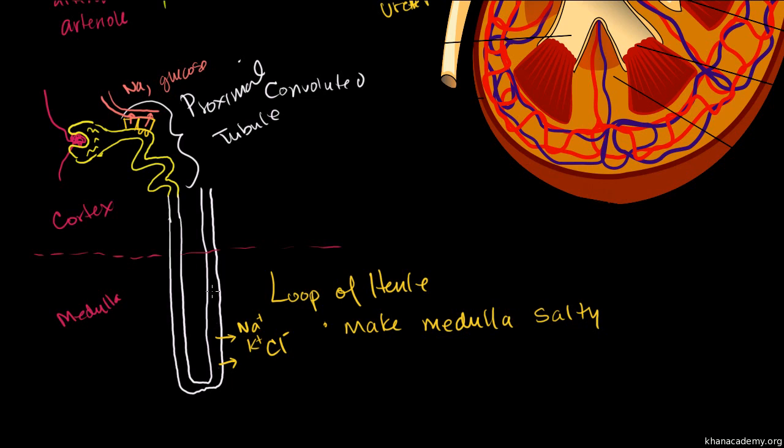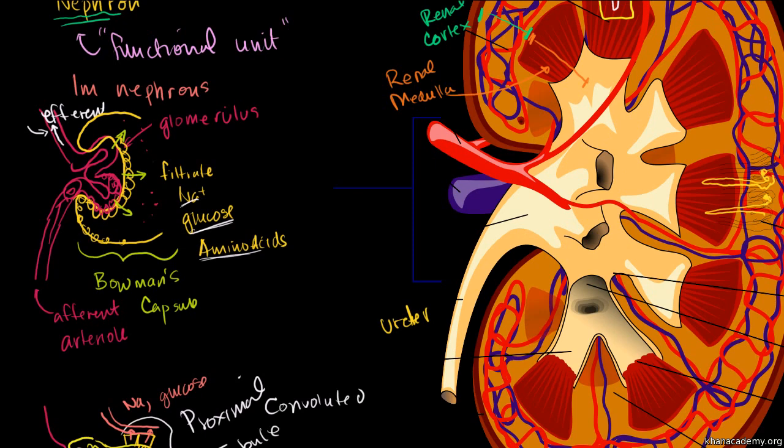It actually actively pumps out these salts right here to make the entire medulla salty, or if we think about it in terms of kind of osmosis, make it hypertonic. You have more solute out here than you have in the filtrate that's going through the tubule. So what it does is it makes it, and it uses ATP to do this.